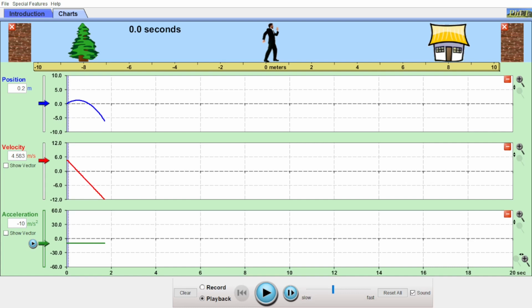You're always experiencing this, but if you jump up in the air, you'll start accelerating straight down at 9.8 meters per second squared. Or if you throw a rock, that rock will immediately begin accelerating down at 9.8 meters per second squared. So it's a very important real-world case of constant acceleration.